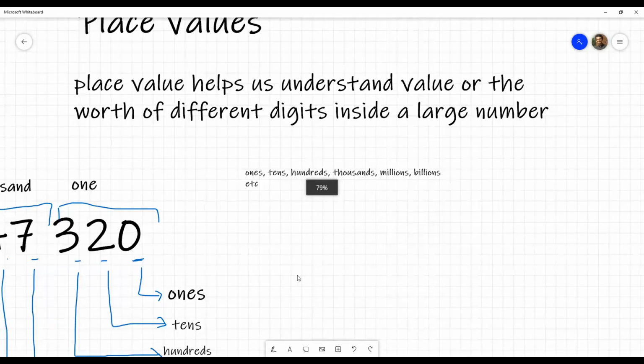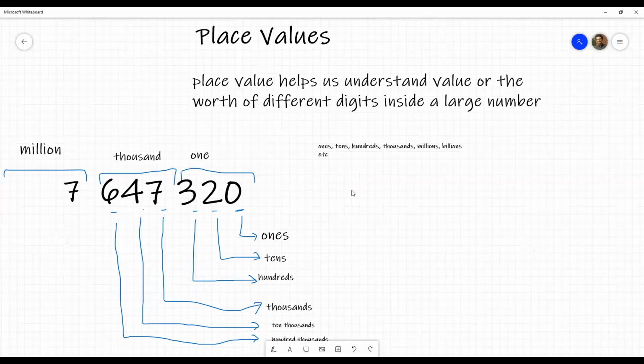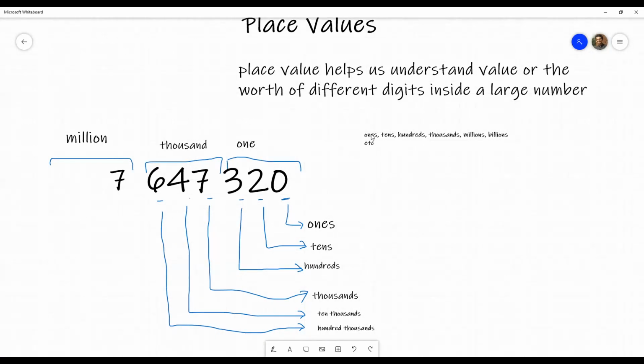I hope you got it. If you get one from here, we can see ones, tens, and hundreds are in this circle, all three together. They are in the one section, and then comes the thousand section.